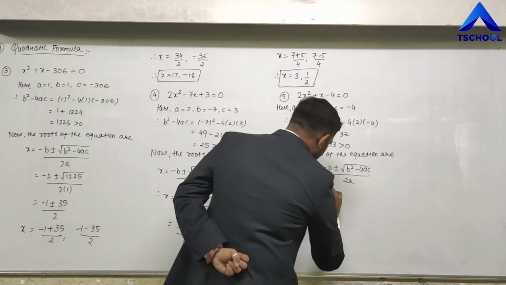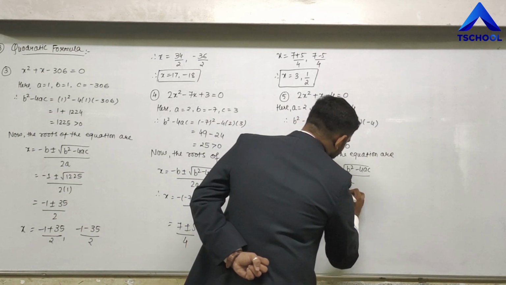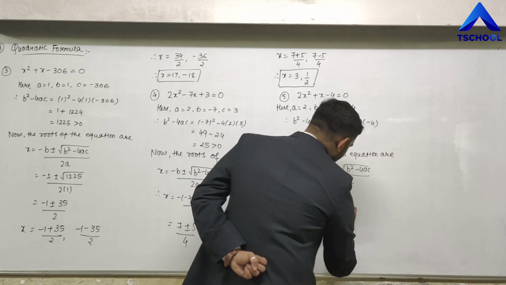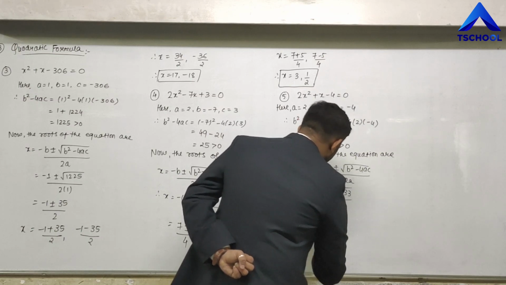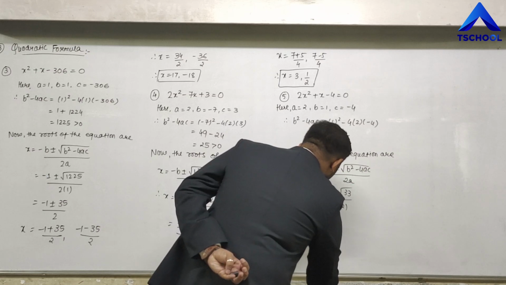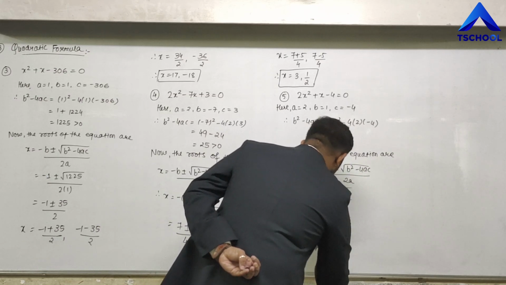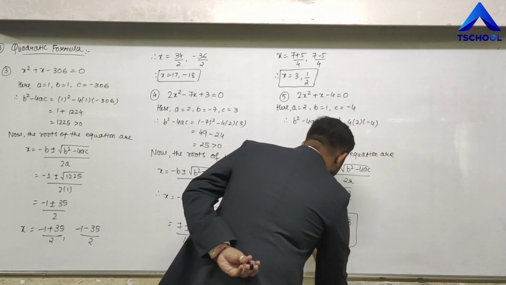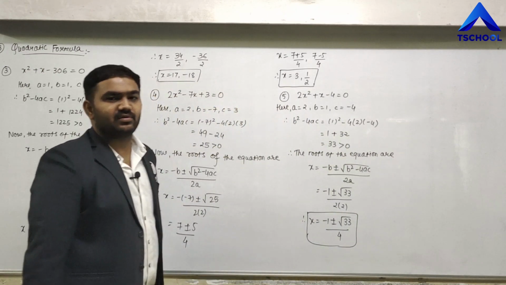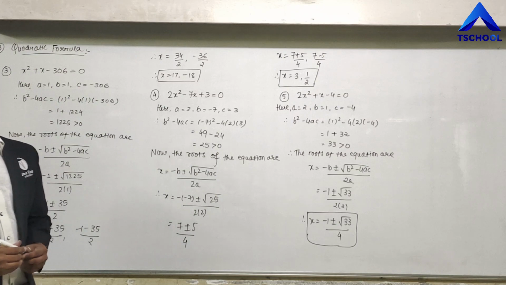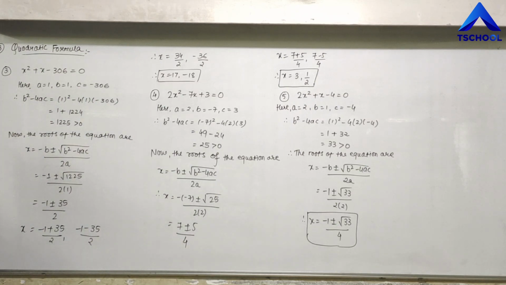That is minus 1 plus or minus root 33 by 2 into 2. Therefore, x equals minus 1 plus or minus root 33 by 4. These are the roots. You cannot simplify further because root 33 is an irrational number, so there is no further simplification possible, right?